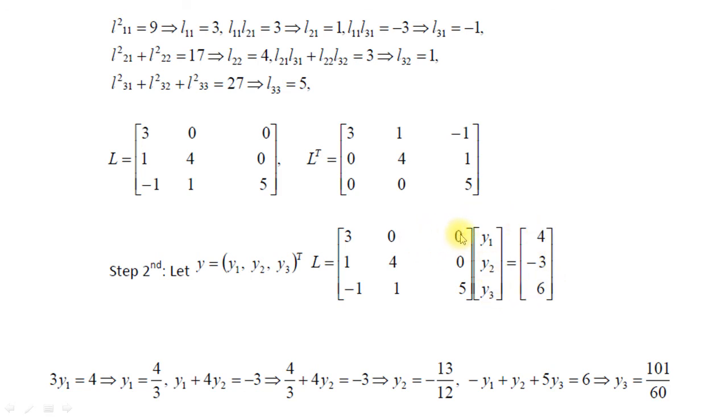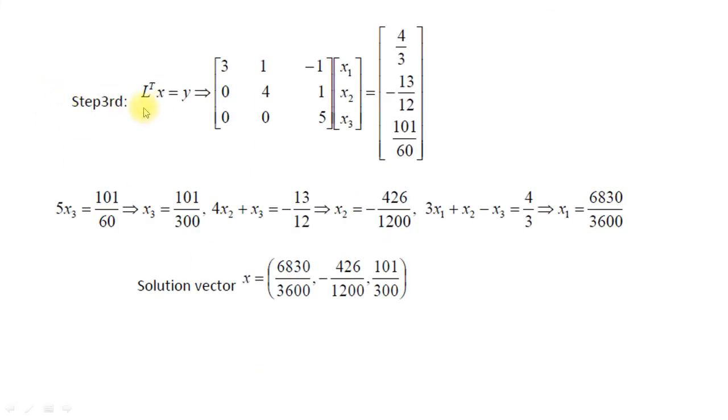Now using forward substitution, find the Y matrix in which y1, y2 and y3 are unknown. Then when you find the unknown matrix Y, use step number 3, L transpose into the unknown matrix X is equal to Y, putting the value of the transpose of the matrix L and the value of the Y matrix, and you can easily find the unknown matrix X by using backward substitution.